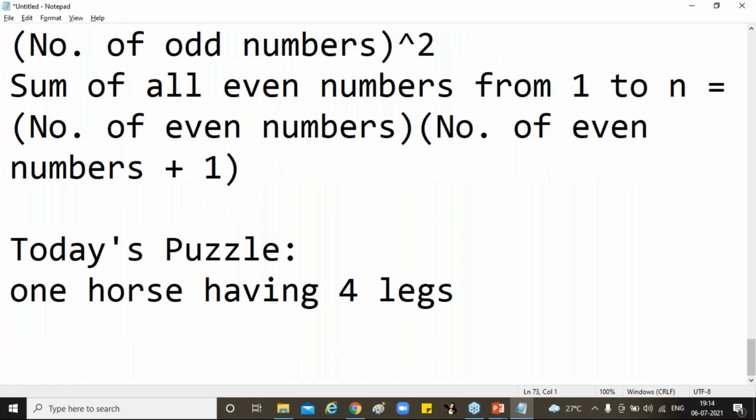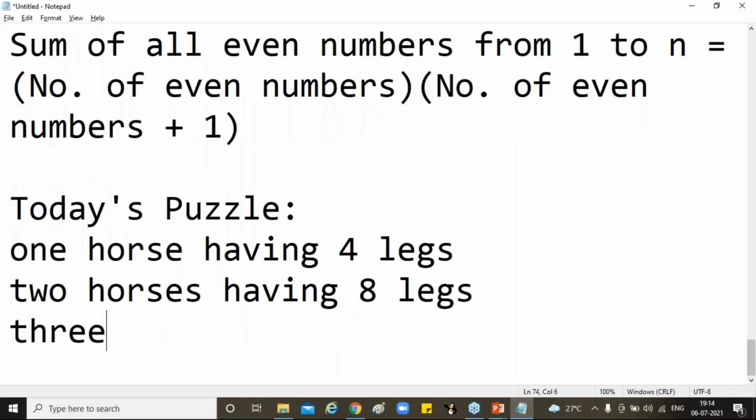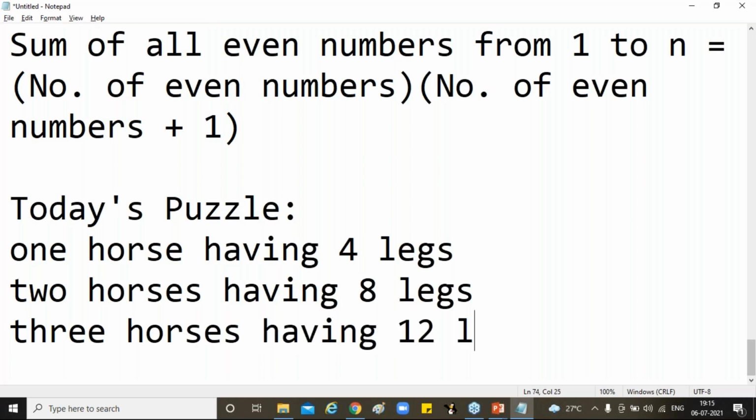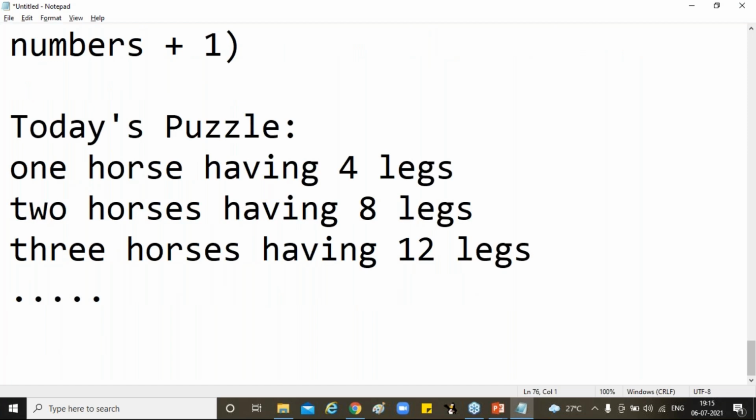Listen carefully. One horse has how many legs? 4 legs, clearly. 2 horses have 4 plus 4, 8 legs. There is no doubt in that. 3 horses have 4 plus 4 plus 4, 12 legs, and so on.